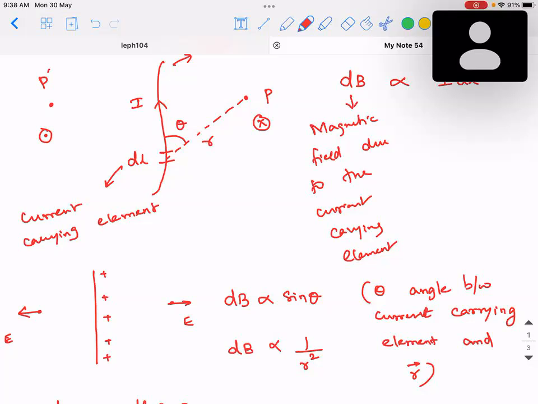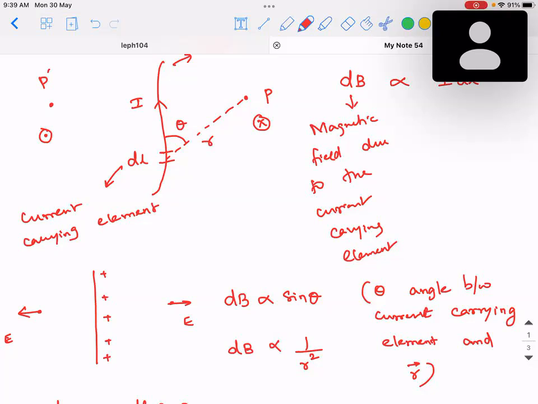Listen to this point alone. This cross mark and dot, people think it is applicable only for magnetic field. No, it is just a notation. If you put this cross mark and a circle around it, you are trying to tell the reader that some physical quantity is into the plane. It can be magnetic field or sometimes it can be current also.